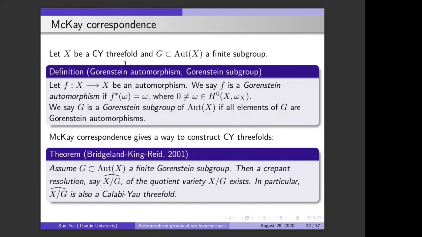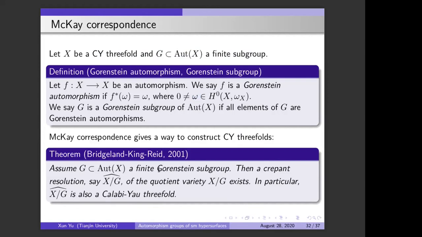And a related thing is the so-called Miyaoka correspondence, which can provide a way to construct a Calabi-Yau threefold. Suppose you have a given Calabi-Yau threefold X with a finite group acting on X, preserving the non-zero holomorphic three-form omega.